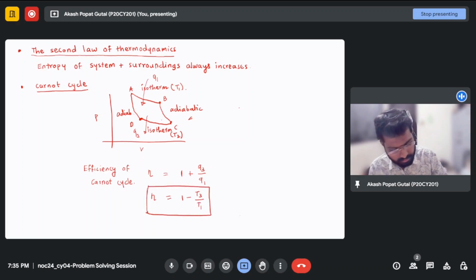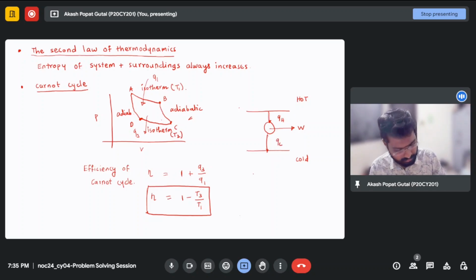Suppose one engine is operating between a hot reservoir and a cold reservoir, and it is doing some work. Suppose the heat taken from the hot reservoir is QH and the heat sent to the cold reservoir is QC.